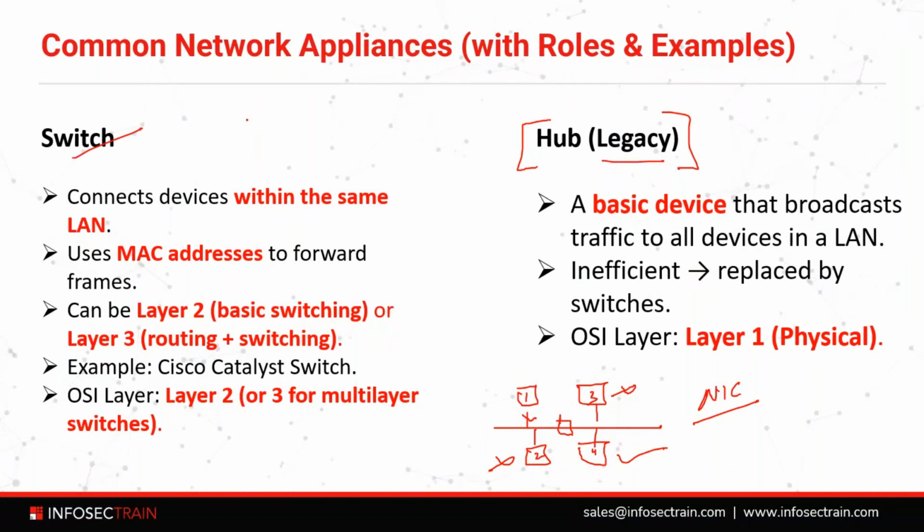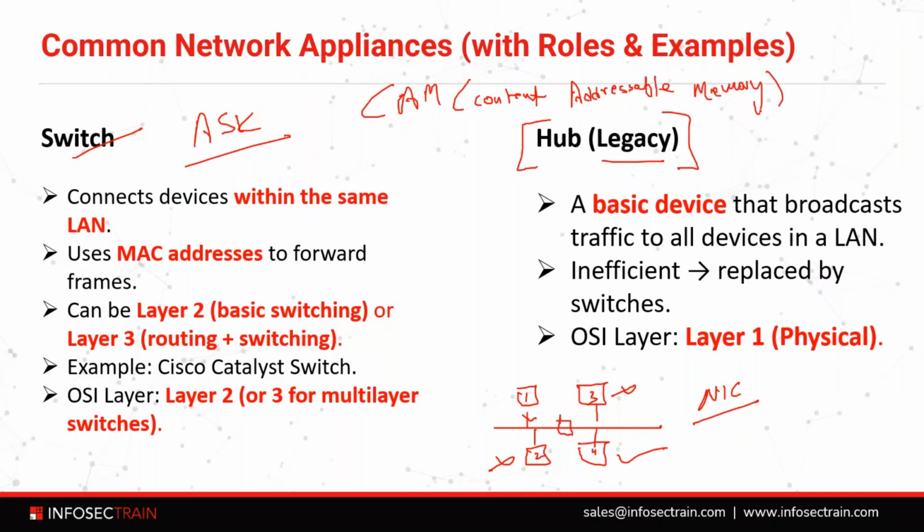A switch is a smart device. Why? Because it has a brain, and that brain is called ASIC, application specific integrated circuit. This ASIC chip is also used in modern day robots, right? So what the switch has is a table called the CAM table, content addressable memory table, right?